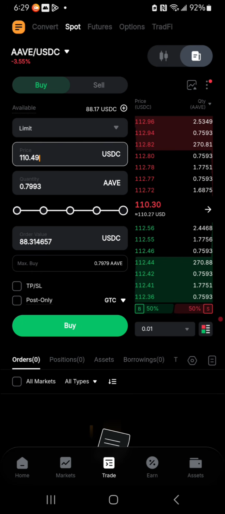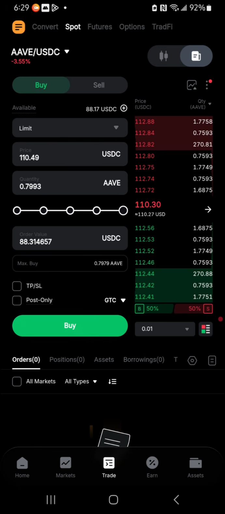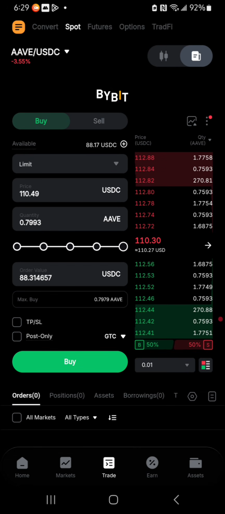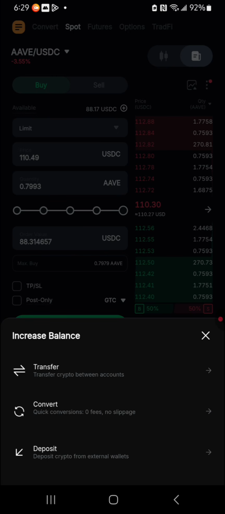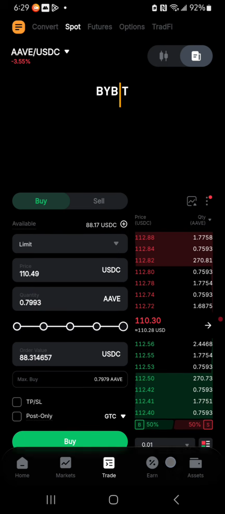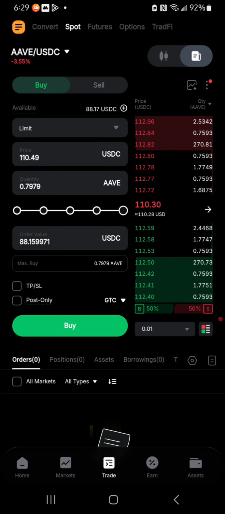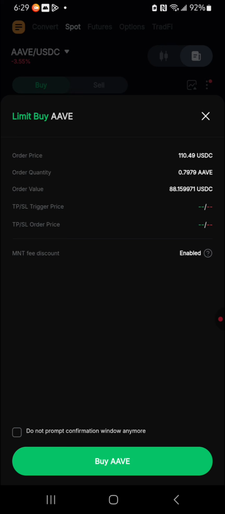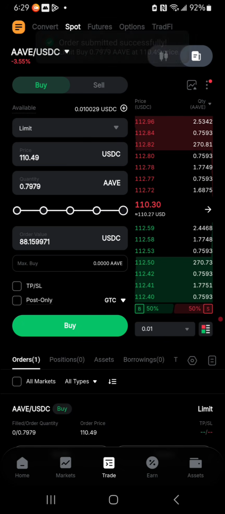So you can choose to adjust it a little higher, so that you cannot miss out. So let us quickly place in that buy limit order, and this will require you to increase your balance. I think there is some glitch going on there. Let's do it. Okay, now it works. So the limit order has been placed there.